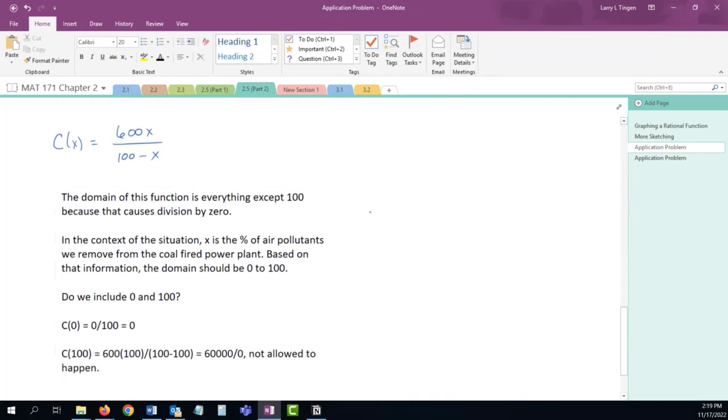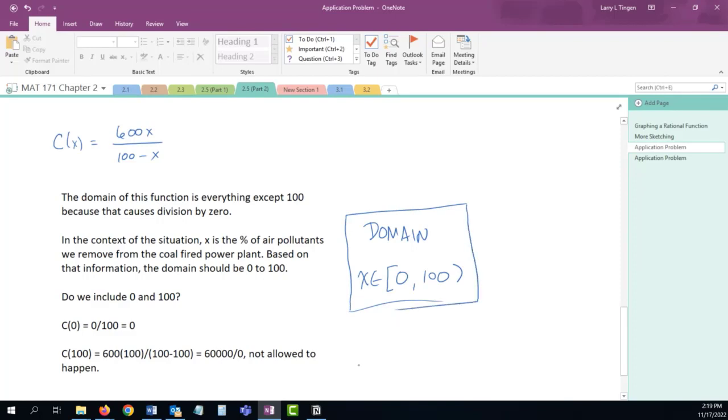So that means my domain, for the context of the problem, is 0 to 100. I can include 0 because that makes logical sense, but I cannot include 100. Because if I plug in 100, it causes division by 0, which means you're not going to be able to remove 100% of the air pollutants.